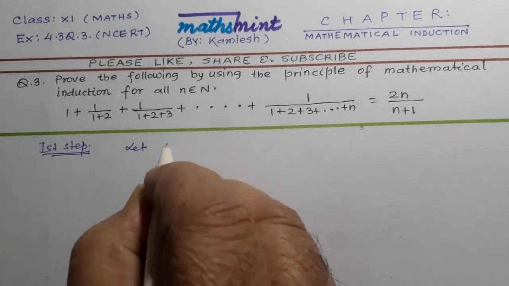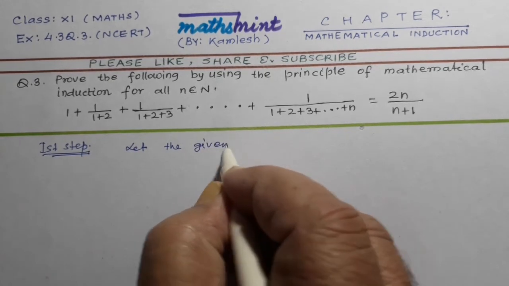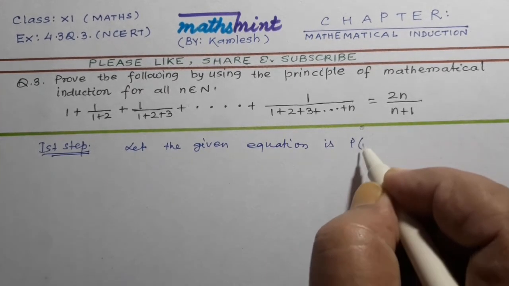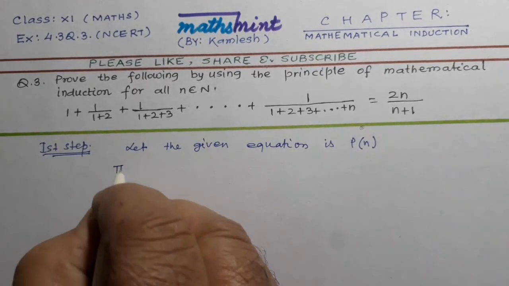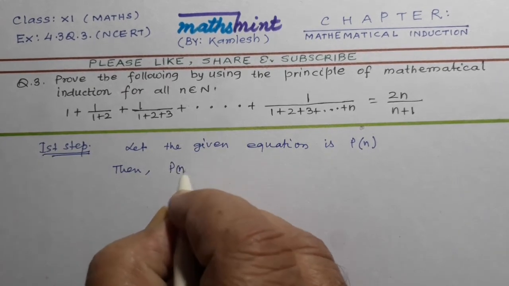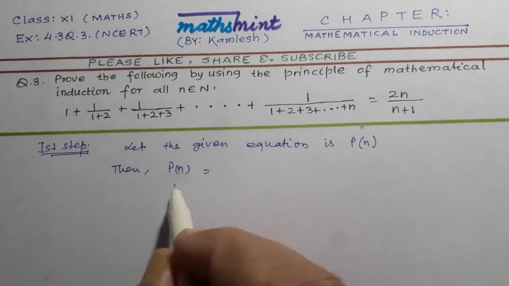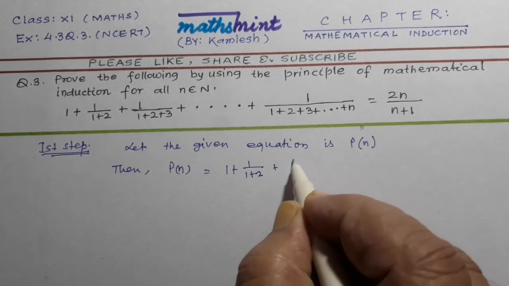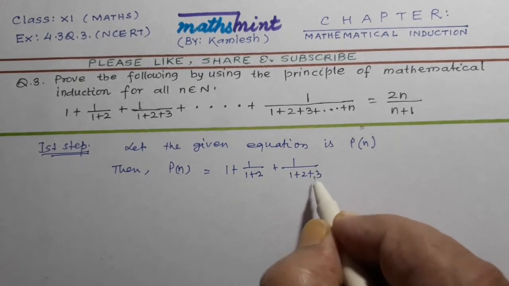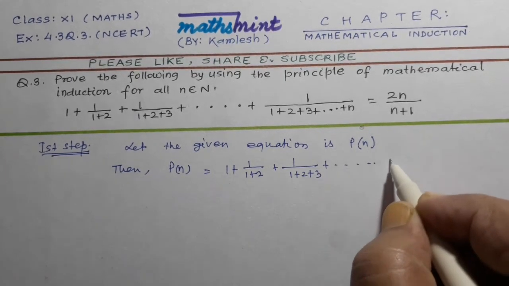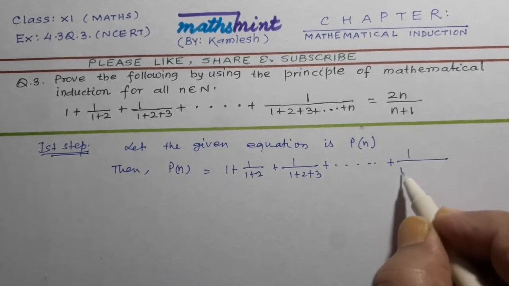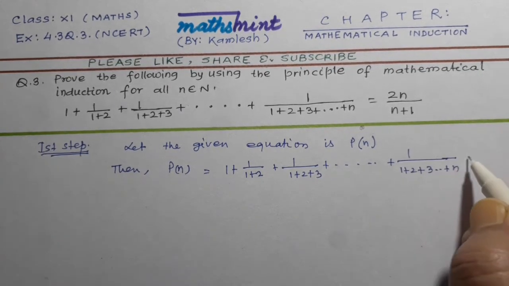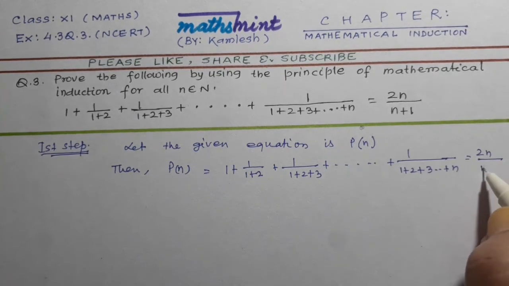Let the given equation be P(n). Then P(n) equal to: 1 plus 1 by (1 plus 2) plus 1 by (1 plus 2 plus 3) plus dot dot so on plus 1 by (1 plus 2 plus 3 dot dot plus n) equal to 2n by (n plus 1).